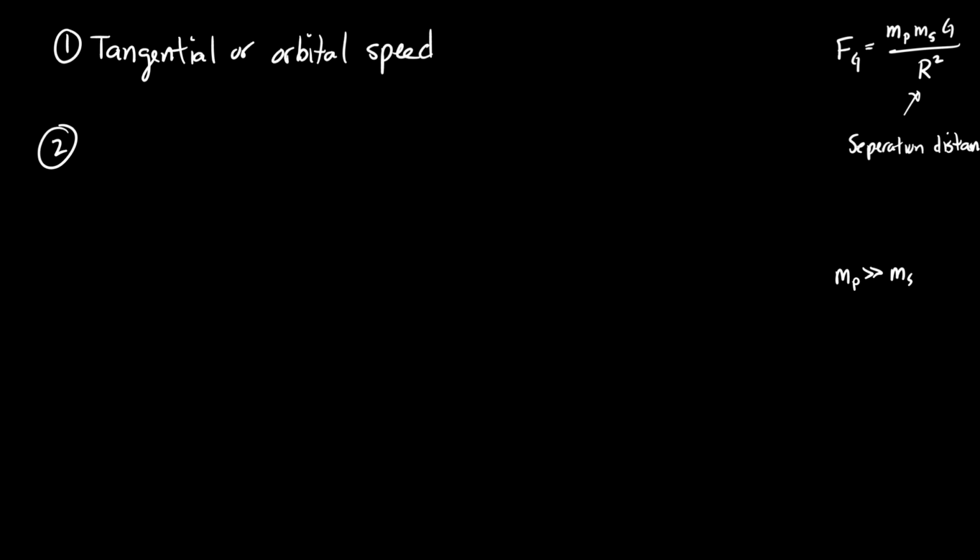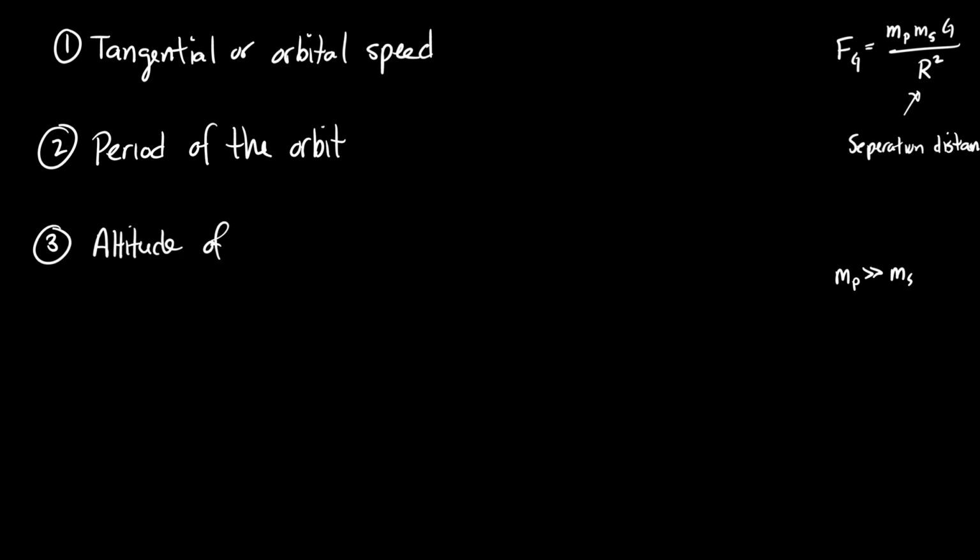Another common orbit question is to figure out the period of the orbit. And another common question is, if you want to put something in a specific orbit, what would that orbit's altitude be? If you look at your homework, I've given you all three of these kinds of questions.